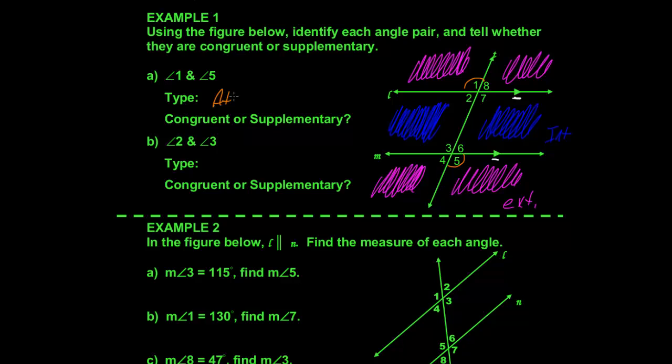So I'm going to write down alternate exterior. That's what type they are. Go back to your first page and look down, alternate exterior. You will get down to 1 and 8. That will be your 1, 2, 3, fourth one down. Alternate exteriors. Are they congruent or are they supplementary? We'll find that they will be congruent. So circle congruent.